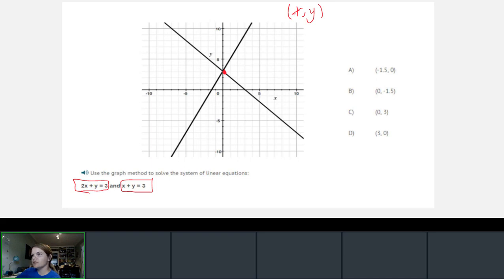So our y value is 3 and our x value is 0. C would be our answer. Another way you could check this is by taking each of these x's and y's and plugging them into both of your problems down here and seeing if you get a true statement.